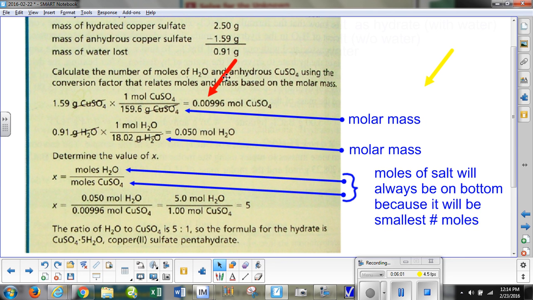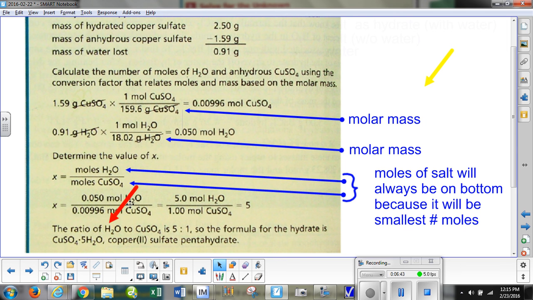So when we take our 0.5 from up here, 0.05 of the water, and we put on the bottom the 0.00996 moles of copper sulfate down there, then we can go ahead and get a proper mole ratio of the water to the copper sulfate, because we're going to divide the top and bottom by the same number, which is this guy. Because he's the smallest number, that's what we're going to divide both the top and the bottom with, exactly like we did in our empirical formula calculations for the homework that we did a couple nights ago.